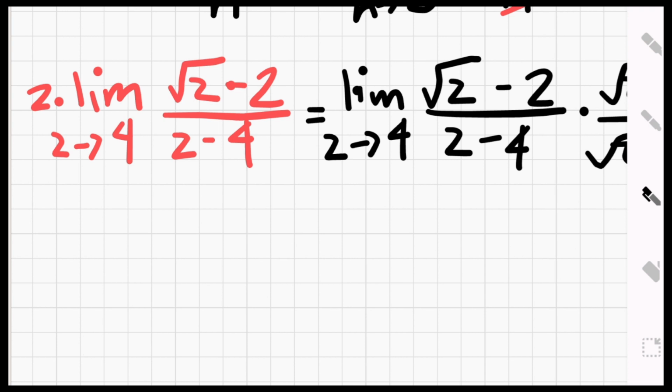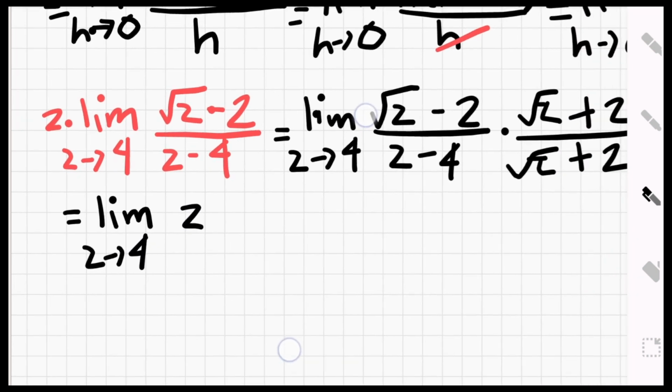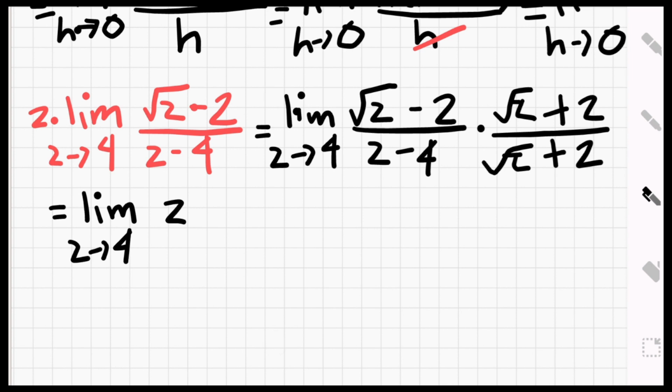Then using the FOIL method, we have the limit as z approaches 4. Square root of z times square root of z is z.